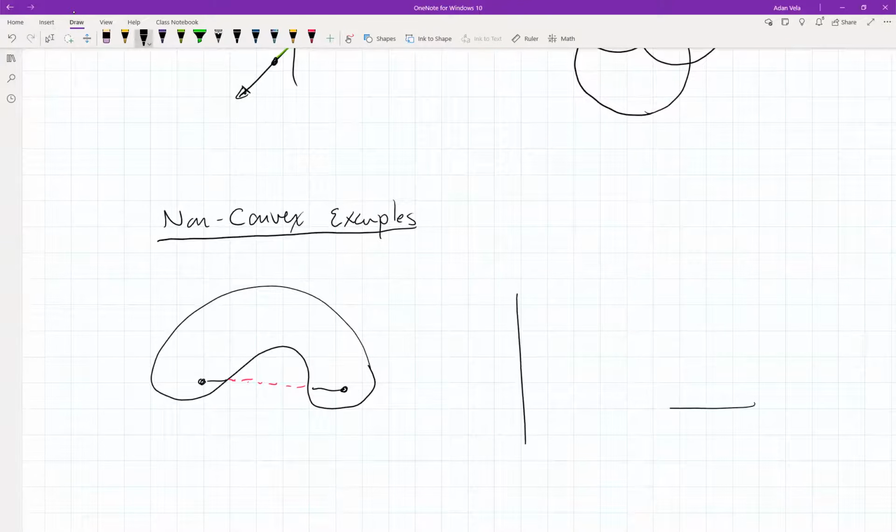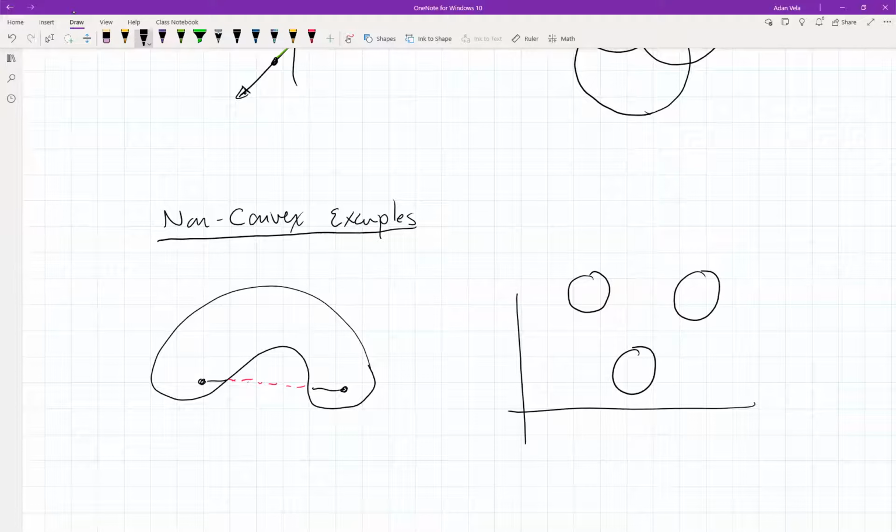Let's say my set was the union of a bunch of different circles. So I said you could be inside of this circle or that circle. Well, this is non-convex. Again, because if I pick a point here and a point here, and I try to connect them, then part of that connecting line is outside of the feasible set.